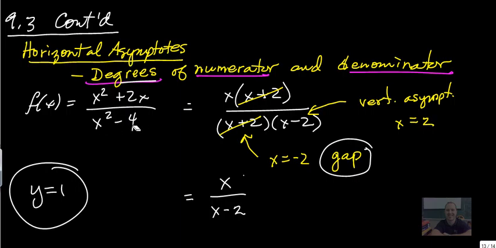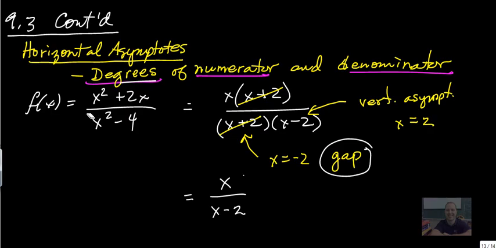The degree of this one, the largest exponent on any x, is 2. So here the degree is the same, okay? When the degree is the same, you simply look at the ratio between the leading coefficients, and that is the equation of your horizontal asymptote.